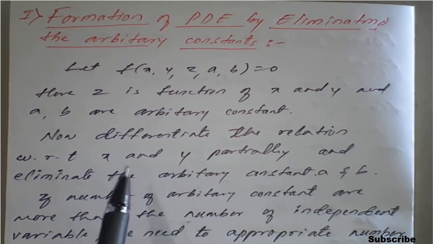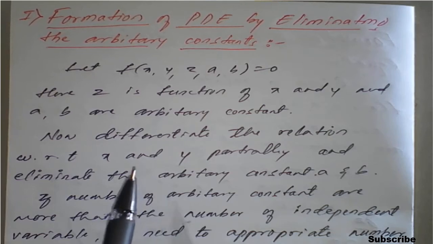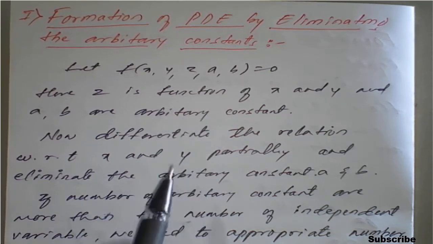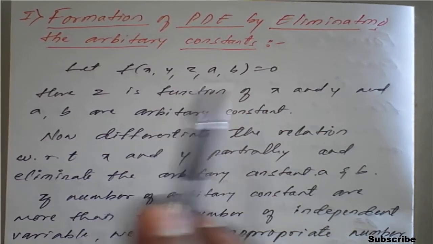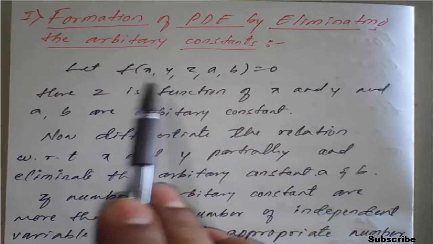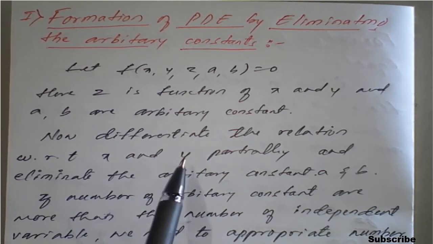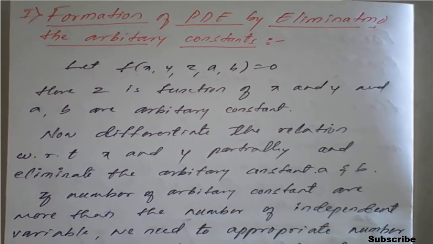After differentiating, we have to see whether the given equation is eliminated of the arbitrary constants a and b or not. So if two arbitrary constants are there, we have to differentiate with respect to x and y, and eliminate by any of the concepts, and in detail we'll see by using one of the examples.